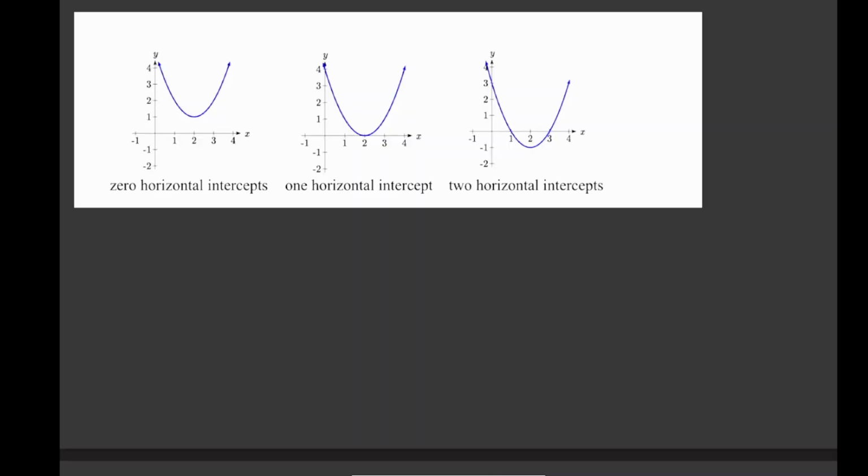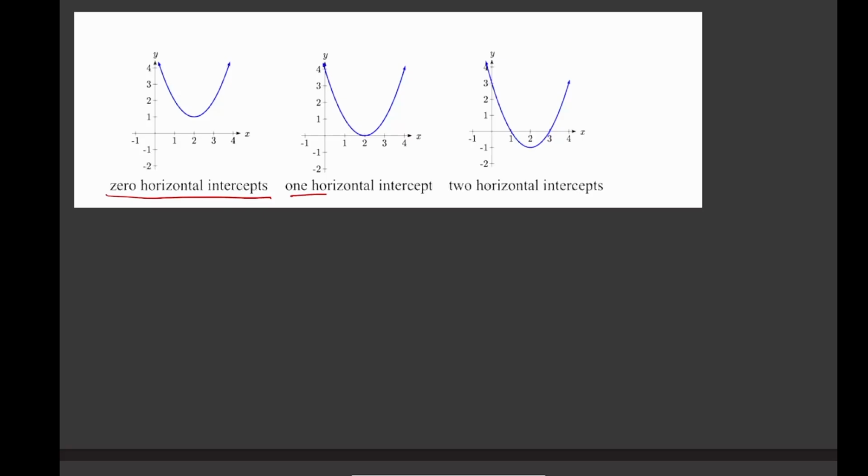So when looking at the short run behavior of a parabola, when we talk about the horizontal intercepts, meaning my x-intercept, we notice right here that when my graph is upward, it doesn't touch the x-axis. So that's when we say that we have 0 horizontal intercepts.